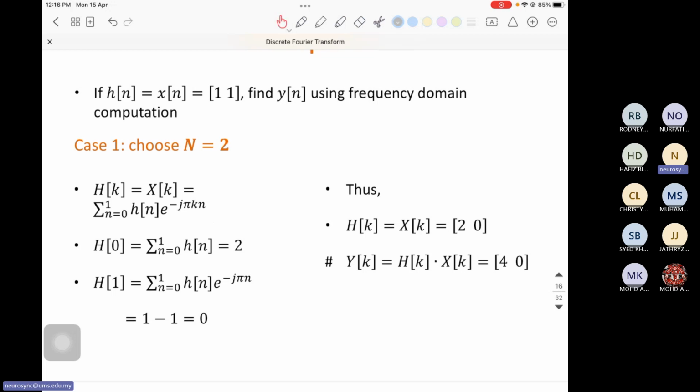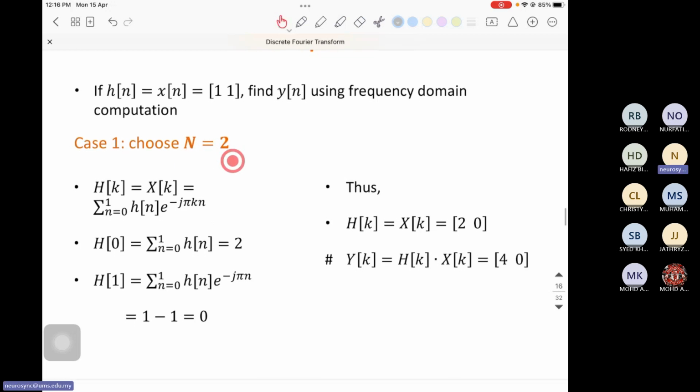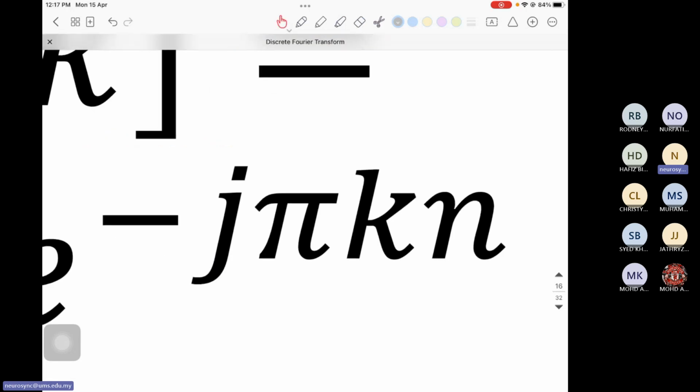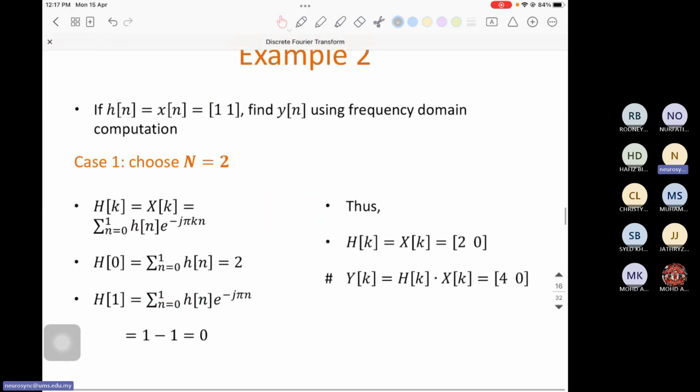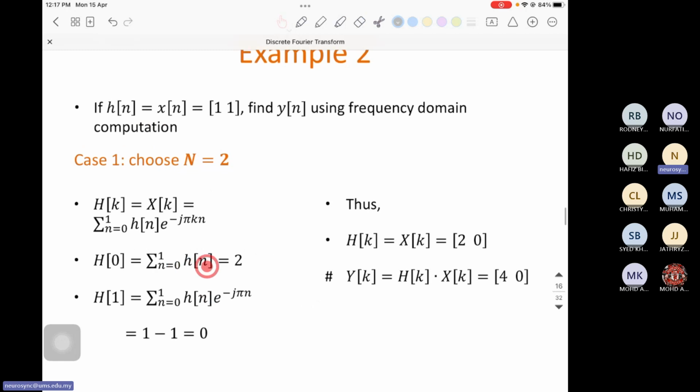Now, this is a very small sample size, that is capital N equal to 2. So n will vary from 0 to 1 only. So find H of 0, H of 1. If you do the calculation, put k equal to 0, so this term will vanish, and you are left with the summation of h of n.